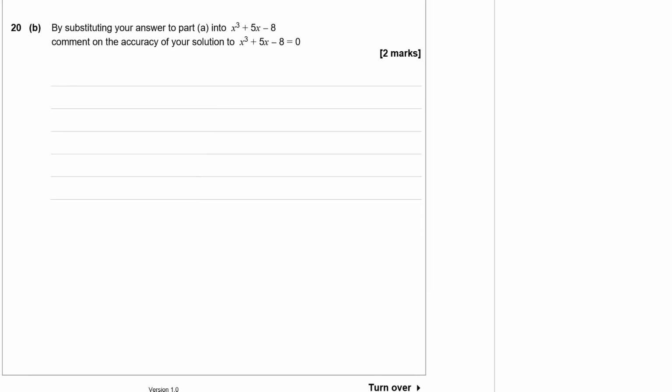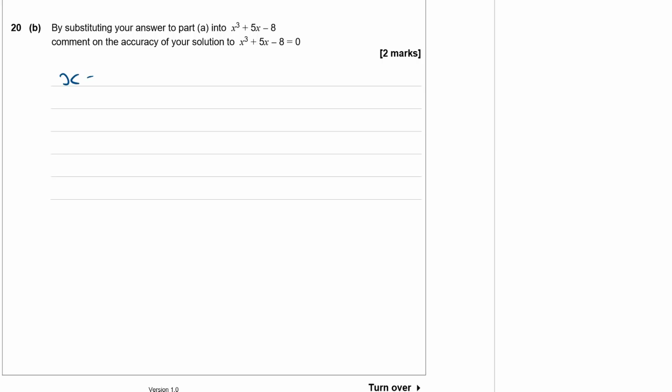Okay, by substituting your answer to part A into x cubed plus 5x minus 8, comment on the accuracy of your solution. Okay, so basically now I'm going to have to put this horrendous value into this equation and calculate what we've got.